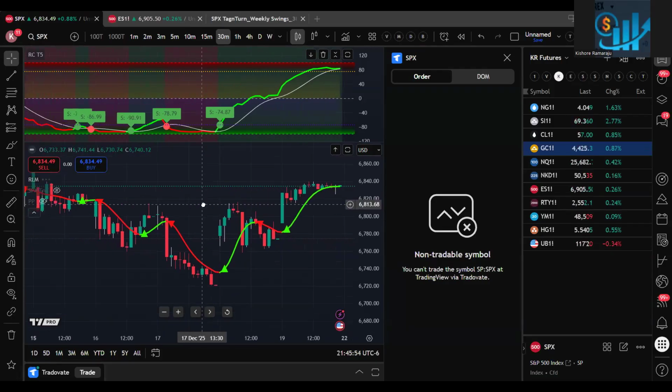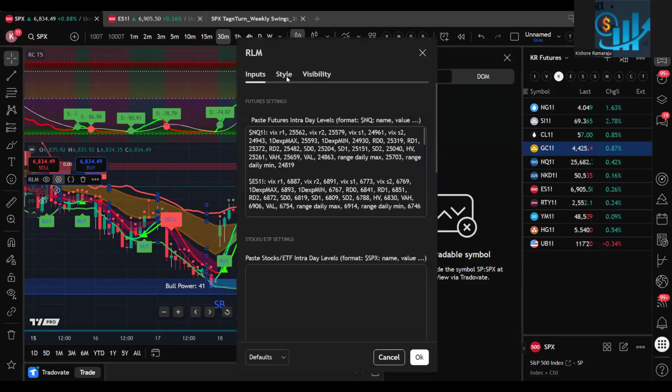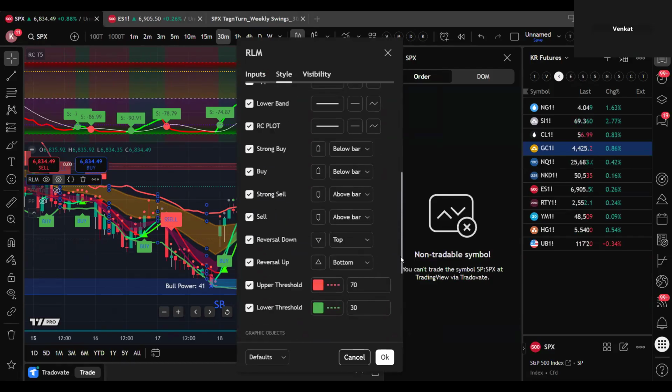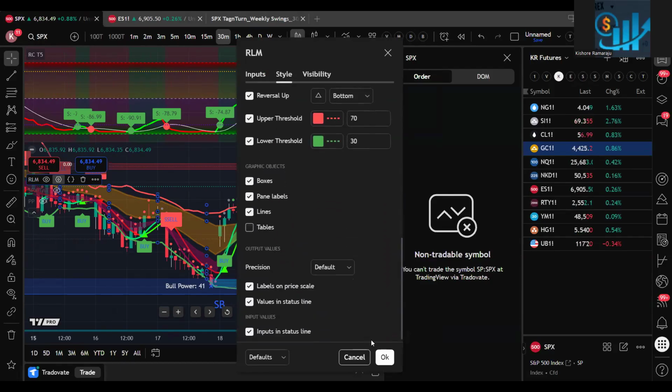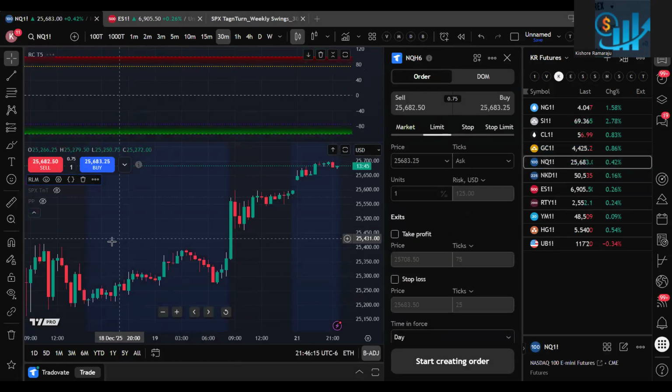Let me show you some examples. So you want to check with ES or which one are you looking at now? I generally trade MNQs, Kishore. Yeah, let's go to MNQ.